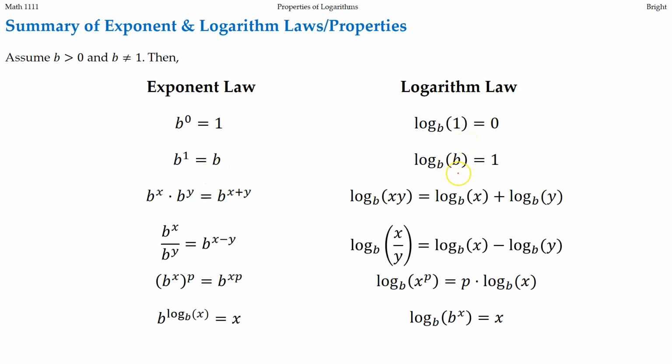Then the exponent of 1, and the base b of b property with logs. The next one is the product to sum law for both exponents and logs, and then quotient to difference for exponents and logs. It's kind of interesting that you notice that the inputs and outputs switch. That's because logs are inverses of exponents.